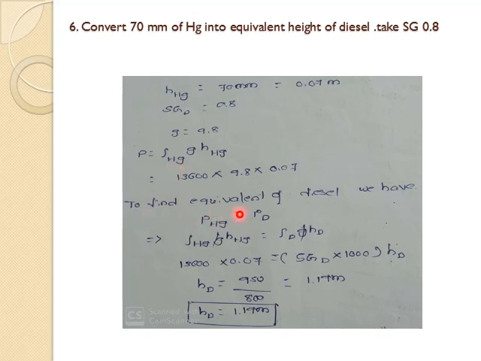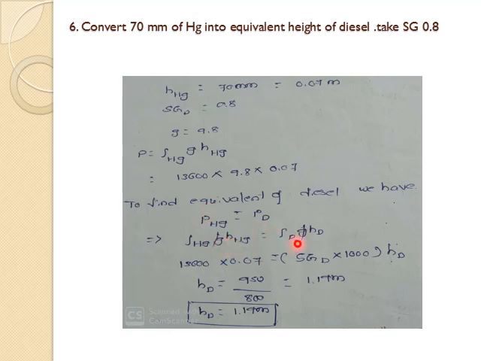So to find the equivalent height of diesel, we have pressure due to the mercury column equal to pressure due to the diesel column. Wherever P_Hg is there, substitute this formula, and it is equal to pressure due to diesel. What is going to change is the height of the diesel or the height of the mercury.